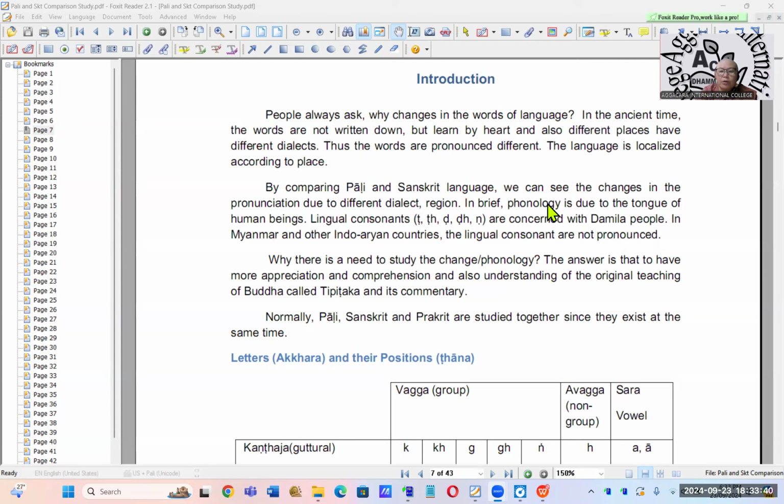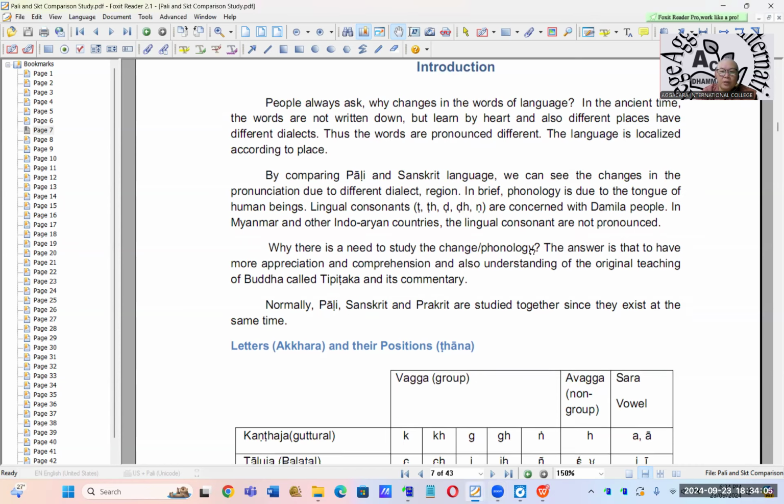We call it phonology, due to the tongue of human beings, right? The lingual letters, T dot and DH dot, are concerned with the Damilas, now we call them Tamil people. In Myanmar and in Indo-Aryan countries, we don't have these lingual consonants.